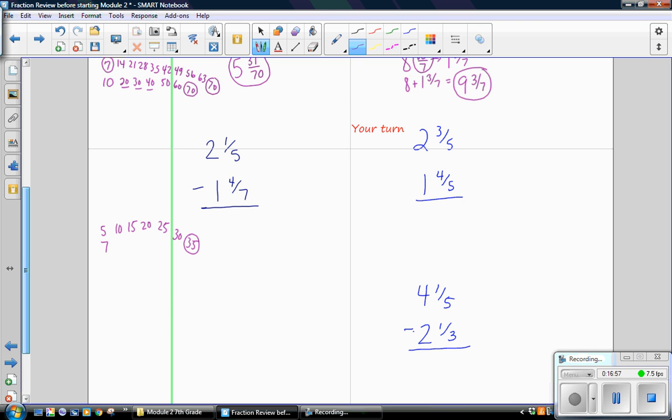If I list the multiples of 7, that's what I would come up with. 7, 14, 21, 28, 35. Some students are able to identify the least common multiple without writing out these steps, and that's fine. So our common multiple is 35.